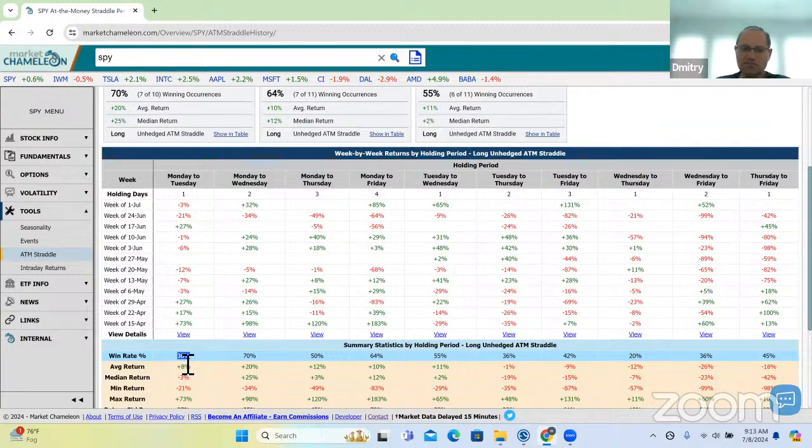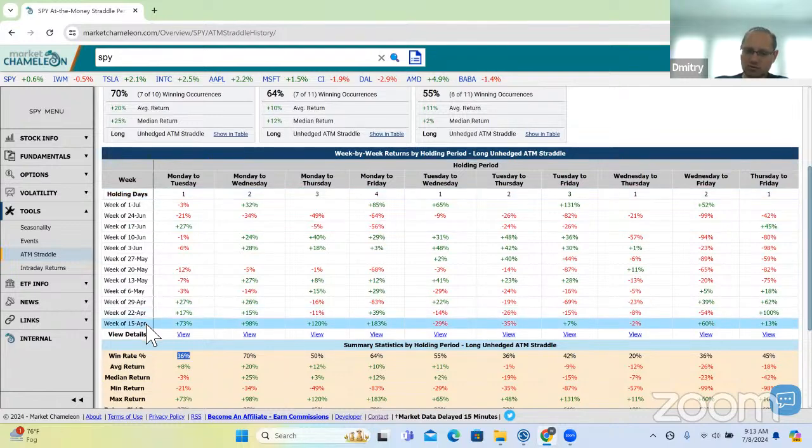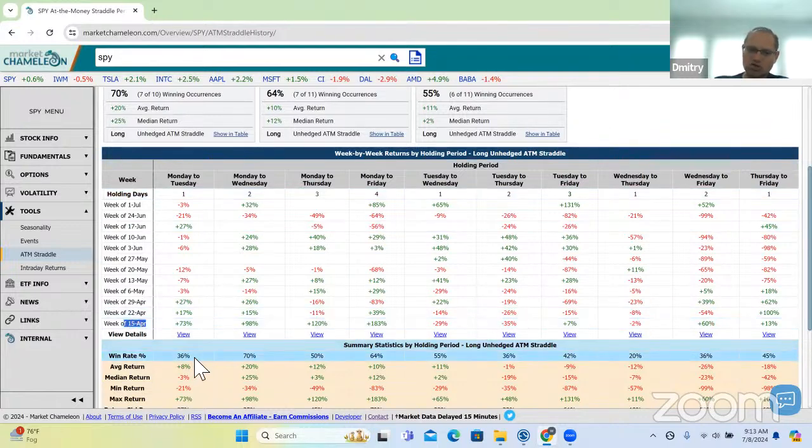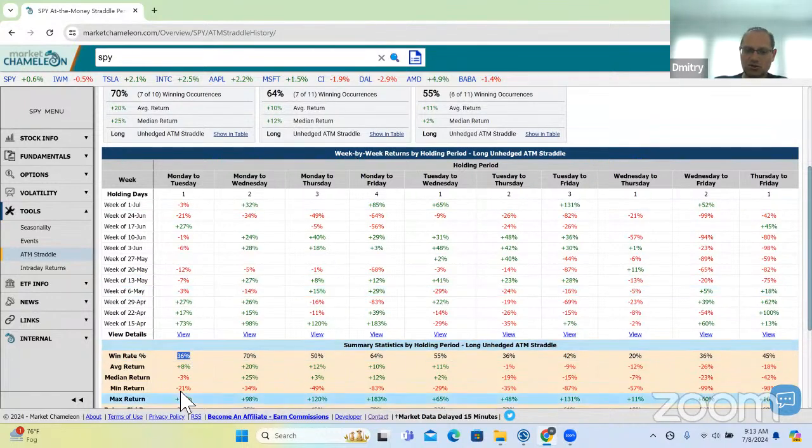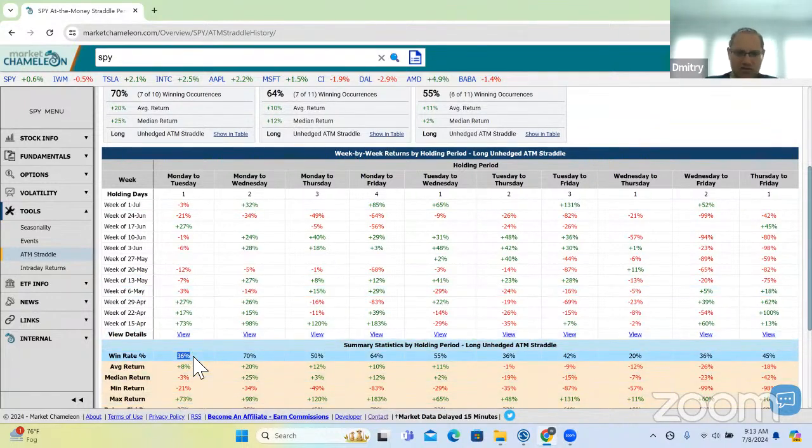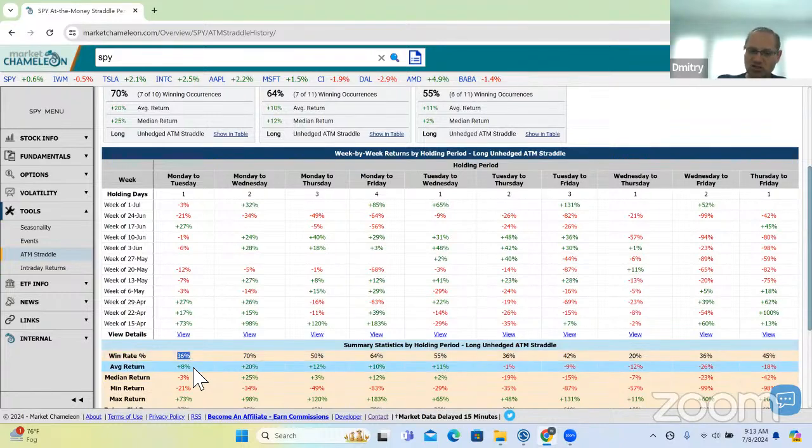So here we see 36% of the observations going back to April 15th, the straddle gained, right? And it was positive. On average, the gain was 8%.